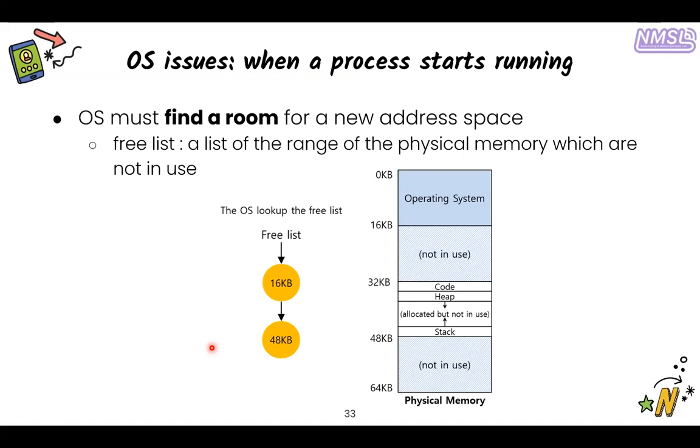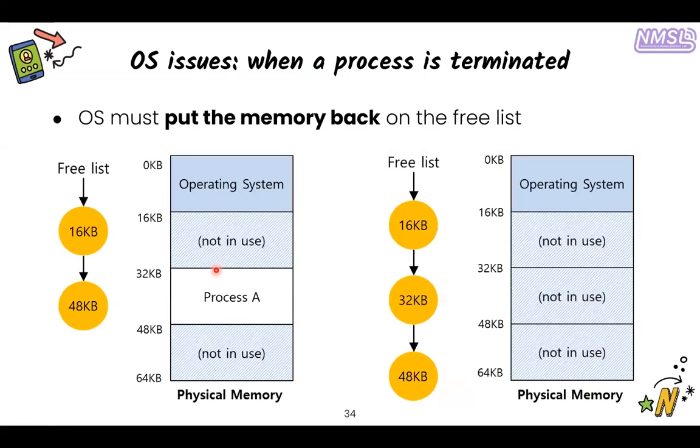For each of these: the first time, when you're trying to find room, you're going to have a list of the ranges of physical memory which are not in use. In this case, at physical address 16K, this is free. At 48K, this is free. When a process is terminated, let's say process A that was at 32K gets terminated, then you need to add this back into the free list.